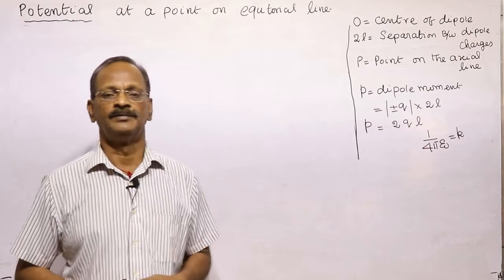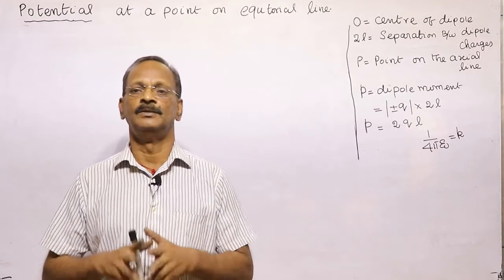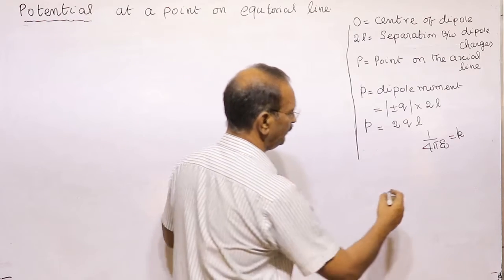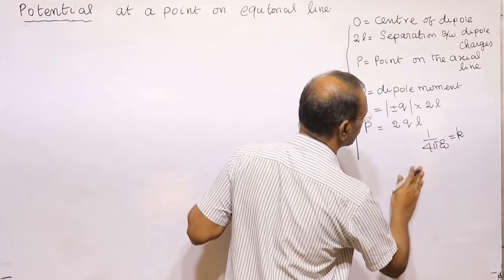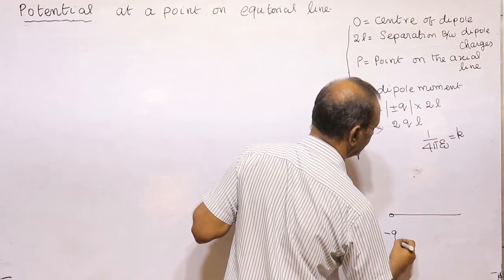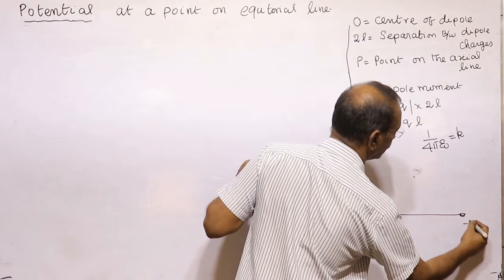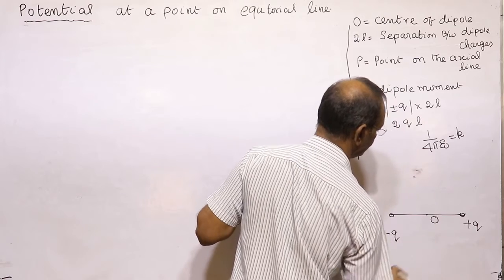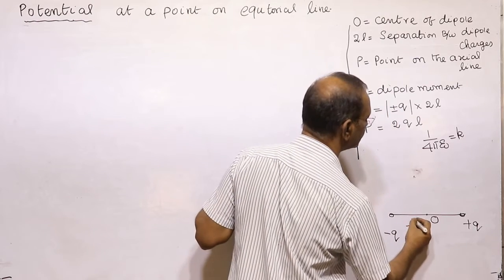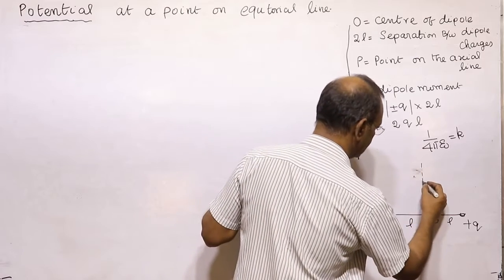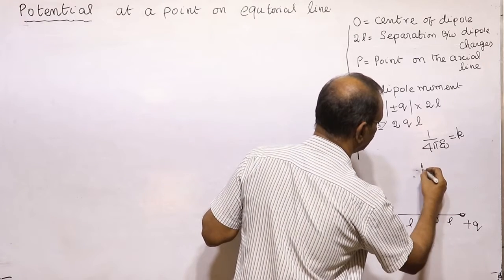Now we are going to see what is the potential due to a dipole on its equatorial line. This is the dipole. It has minus q and plus q, separated by a distance l on either side of the center, so the total distance is 2l. This is the equatorial line.